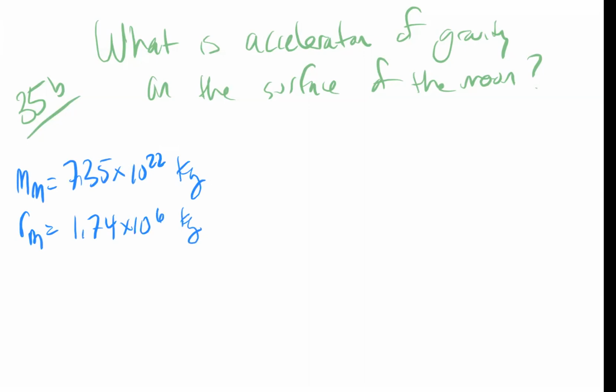And then for part B, once you get this, what is g at 6 kilometers above the moon? So we find it on the surface and 6 kilometers above. Give those two a try.